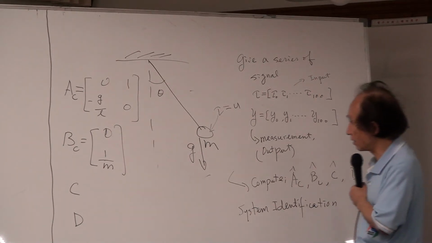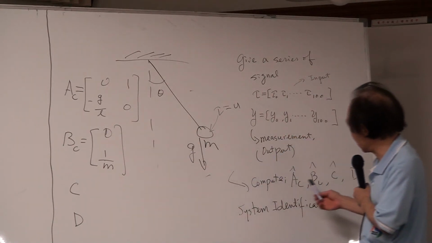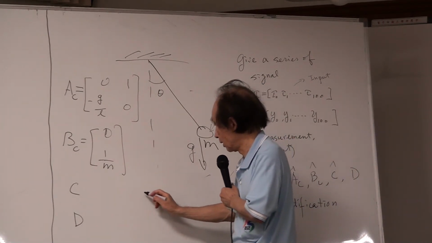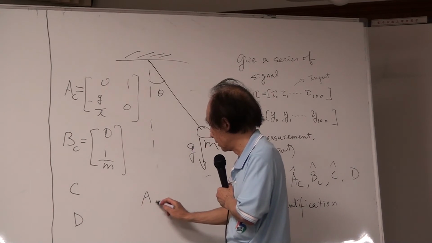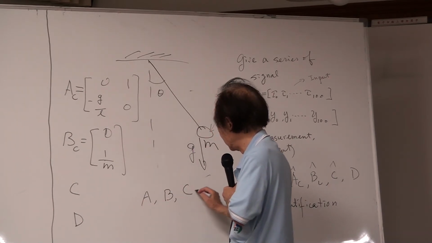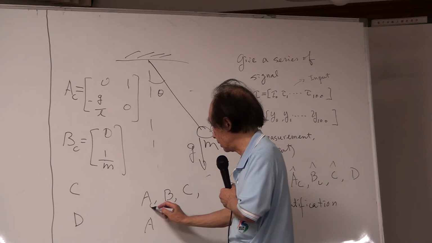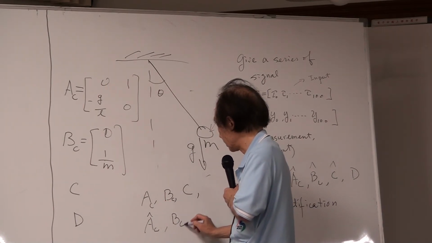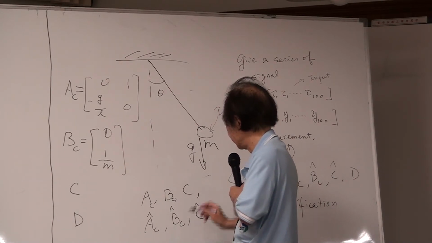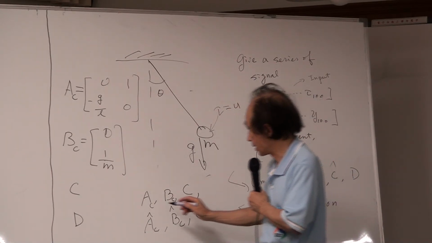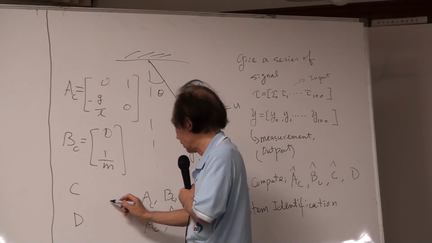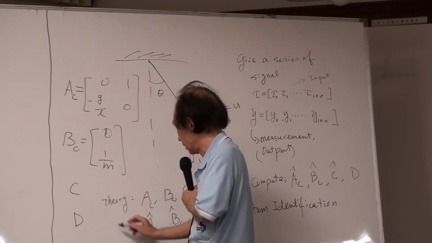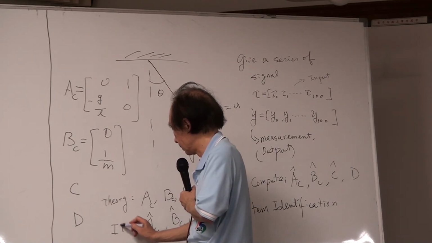So what is the difference between AC, BC, C, and AC hat, BC hat, C hat? That's one theory, and this is my ID, the system ID.